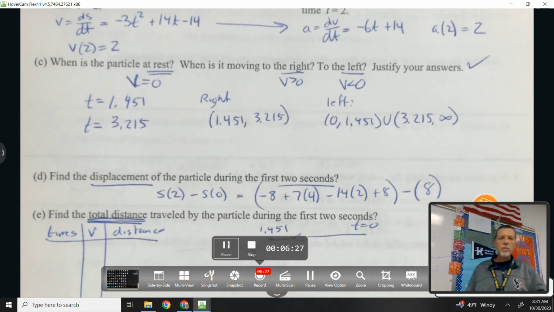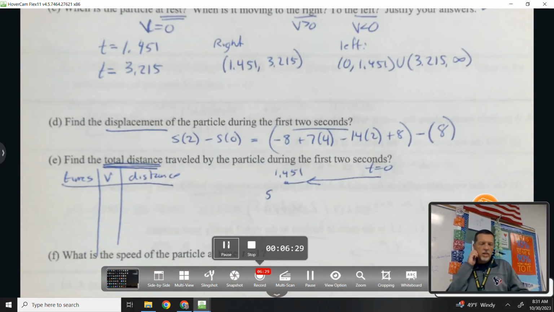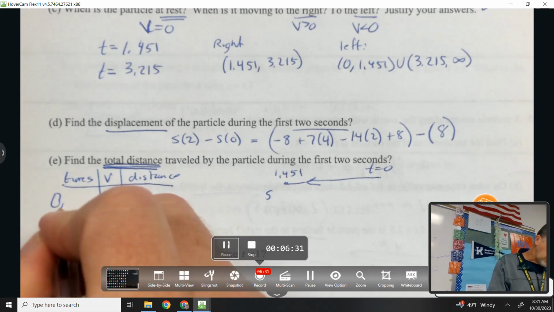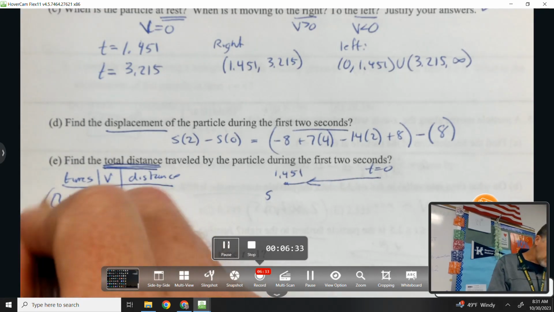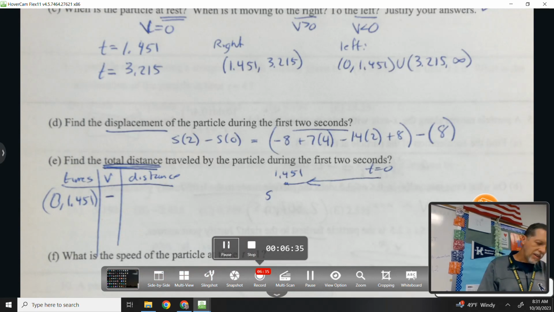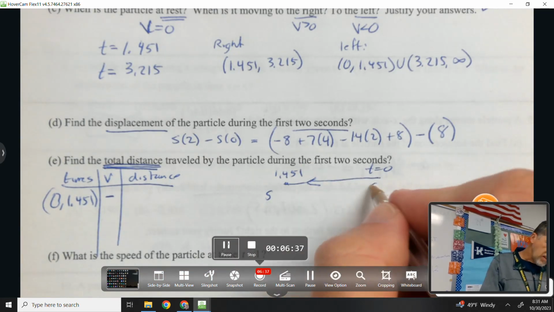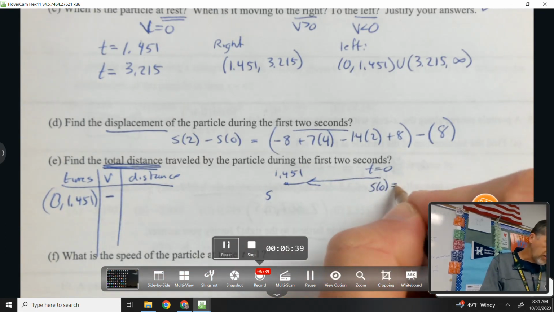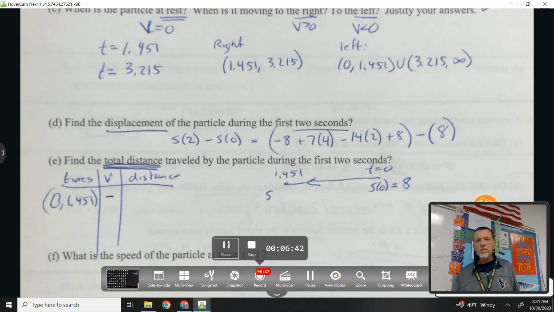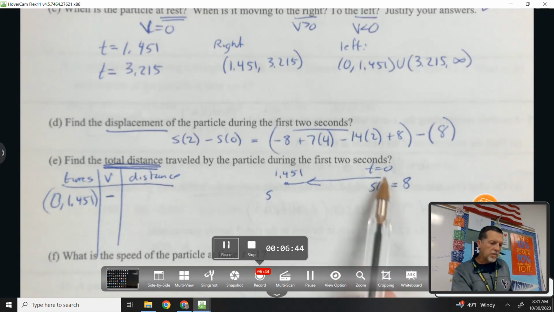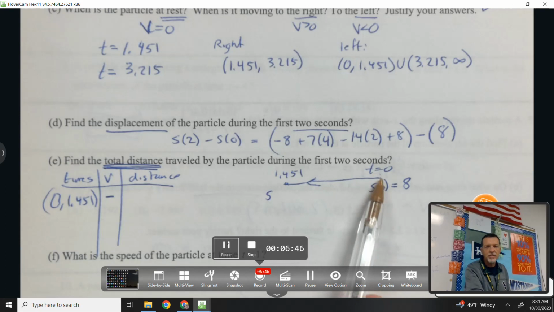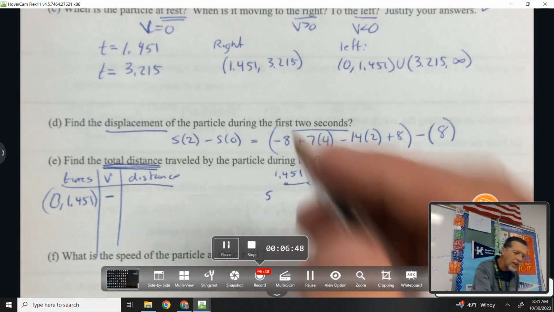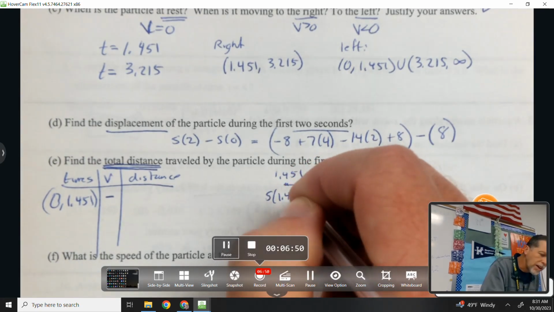Maybe a table is. So from 0 to 1.451, we're moving left. S of 0 is 8. So we started at 8. We know we're moving left because we already figured out the velocity was negative. So I need to find S of 1.451.